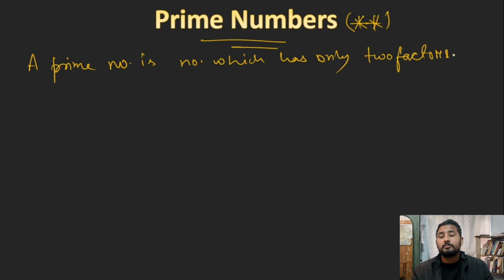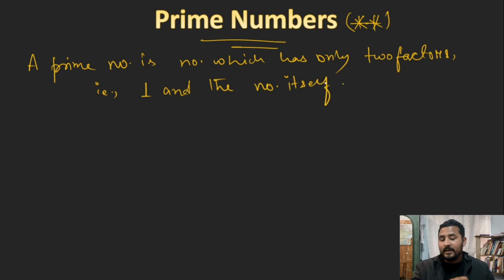So only two factors means what? That is 1 and the number itself. So what is the prime number? A number which has only two factors, that is 1 and the number itself.